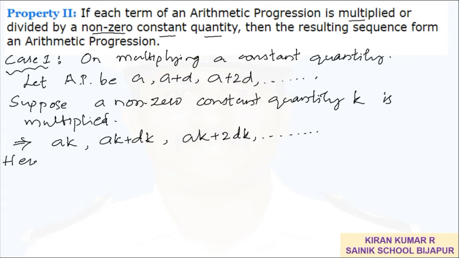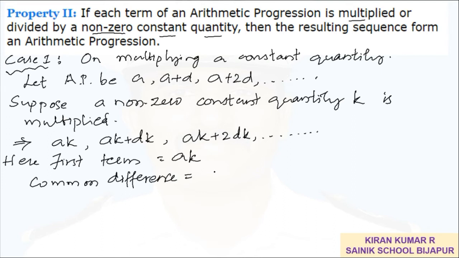Here, first term is ak, common difference is the second term minus the first term, ak plus dk minus ak. We will be getting d times k. Suppose I consider third term minus the second term, what will be the common difference?